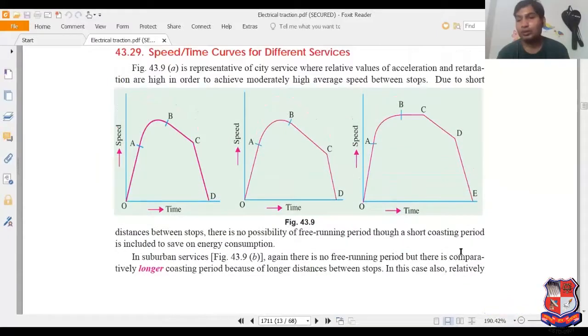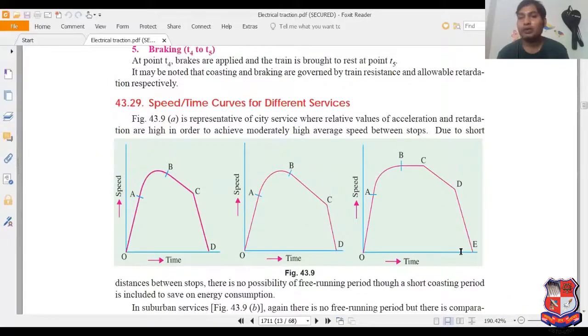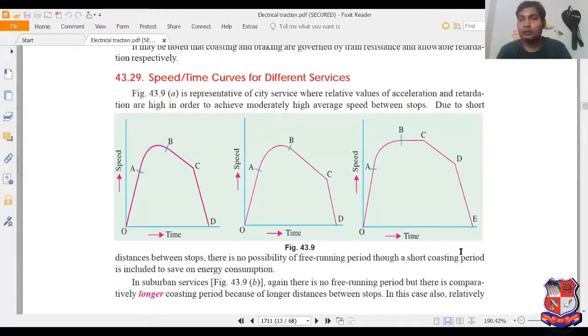One other important thing to keep in mind about the speed-time curve is the area under the curve of these graphs. The area under the speed-time curve will always give the distance traveled by the train. Why is it so?